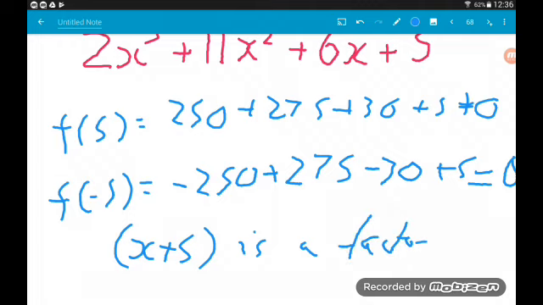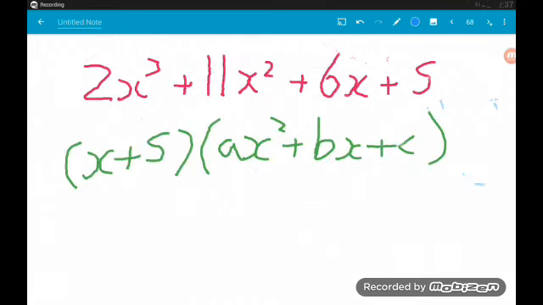So we've got our linear factor, now we need to find our quadratic factor. Okay, so I've written it out as our linear factor times the general quadratic factor. So now we need to find the values of a, b and c. So, first of all, we can find a quite easily.